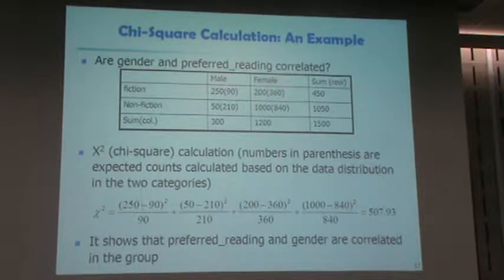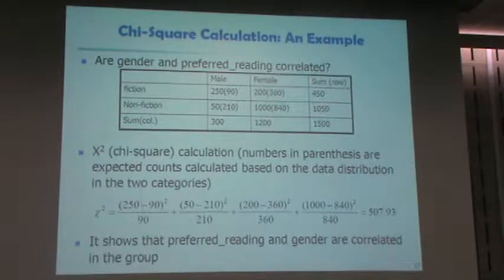And this one, 90 to 210, is 3 to 7, and 360 and 840 is also a 3 to 7 ratio. So the value inside the parentheses is the ideal case, which means independent. We can guess that they are not related, the gender and the reading preference.